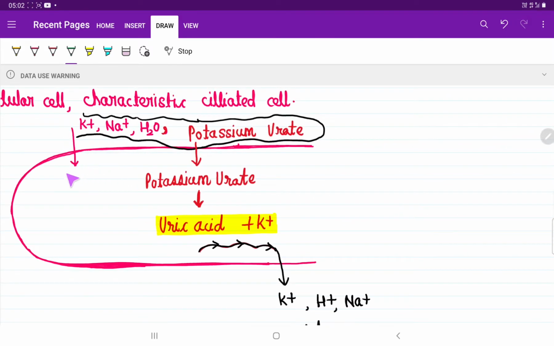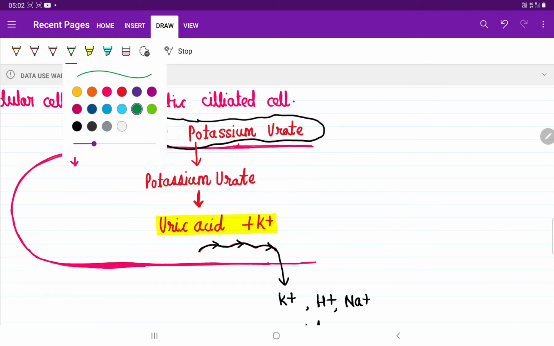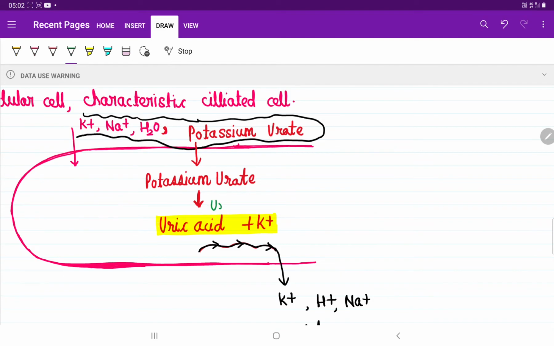So this blind tube is called the Malpighian tubule. Sodium ion, potassium ion, water, and potassium urate will enter, right? Now this potassium urate will ionize immediately and form urate minus ion. This urate minus ion will immediately react with hydrogen ion and form uric acid.